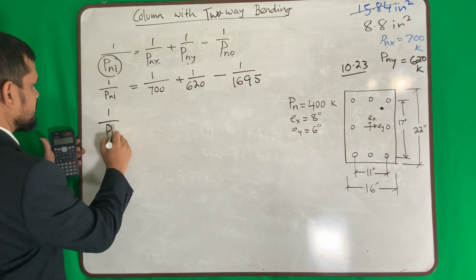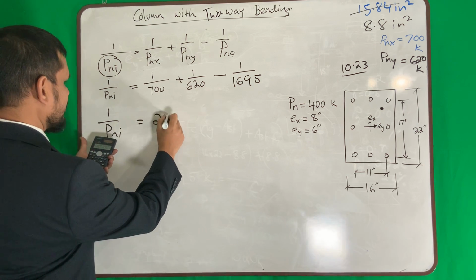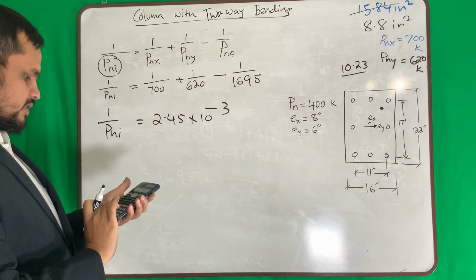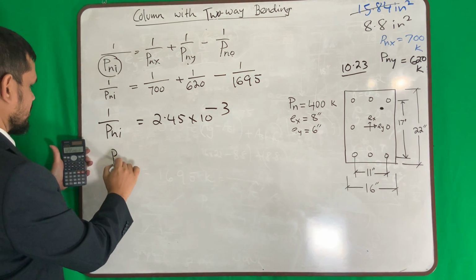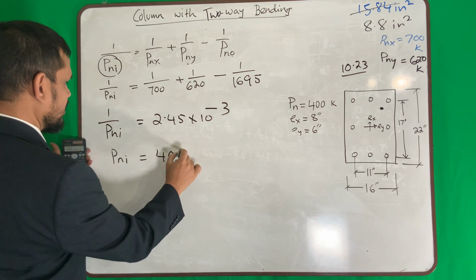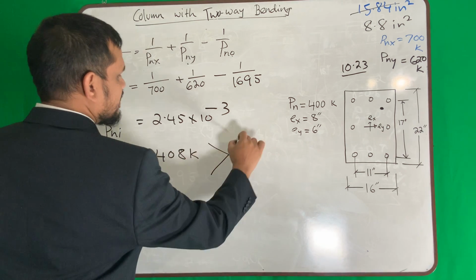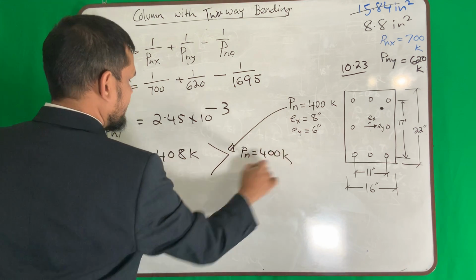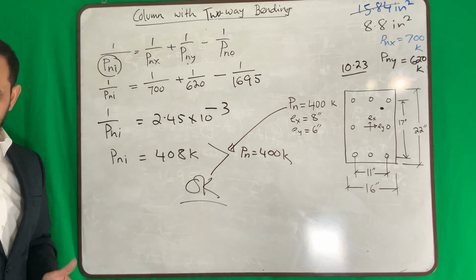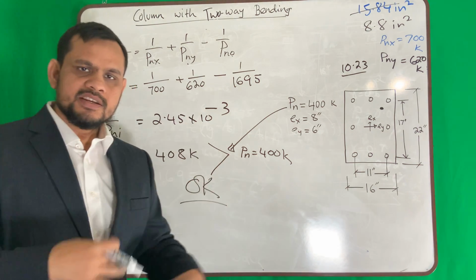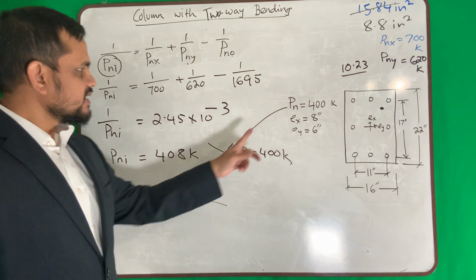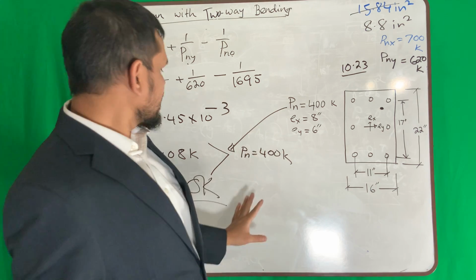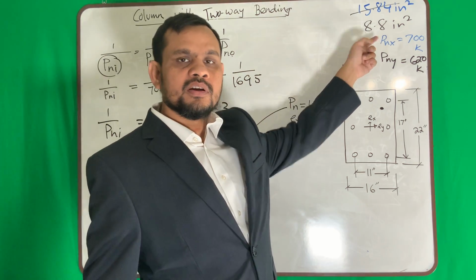So 1 over PNI, I got 2.45 times 10 to the power minus 3. If I do the inverse, I got PNI is 408 kip, which is slightly greater than this value, PN 400 kip. That means okay. So whatever trial design we did, that capacity is just over this. So very economical design. That means whatever reinforcement we got is right.